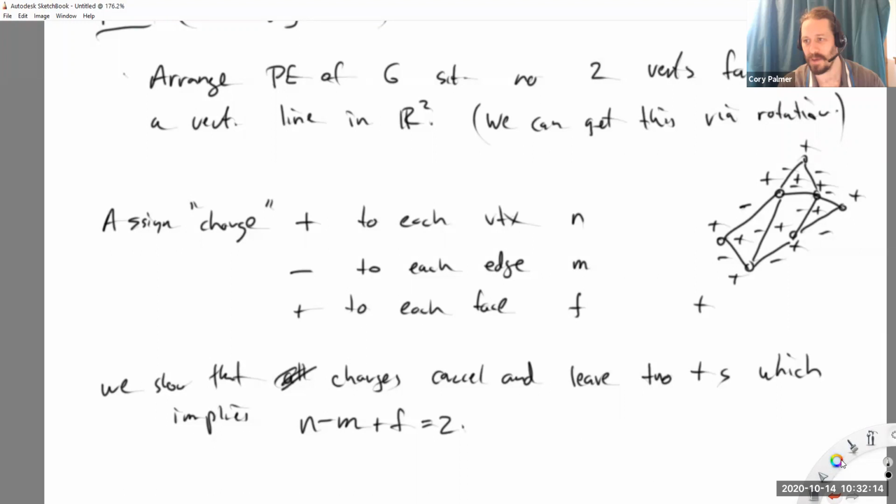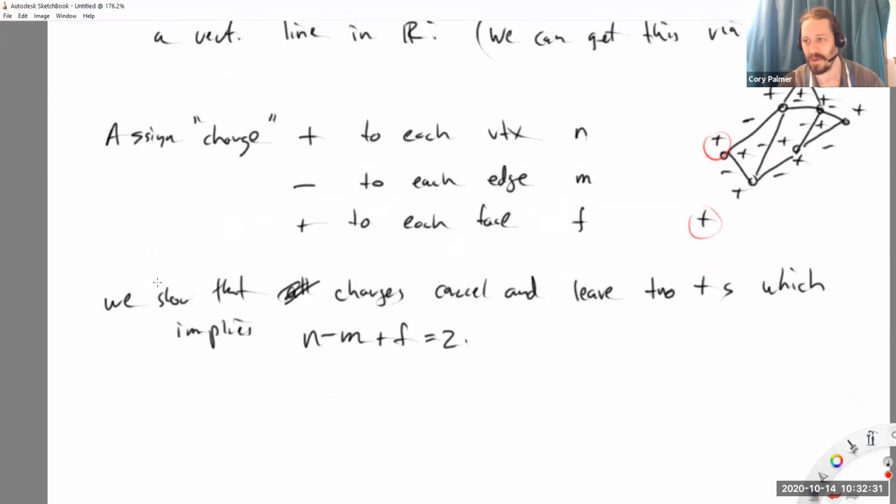And I'll even tell you in advance, this plus here and this plus here on the leftmost vertex are going to be the 2 pluses that don't cancel. All the other pluses and minuses are going to cancel out with each other by a cool observation here.